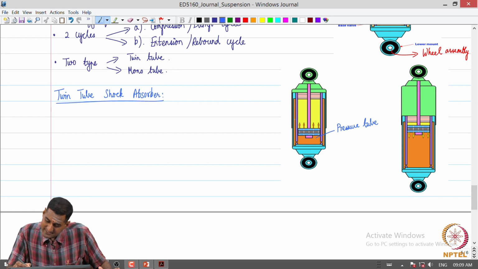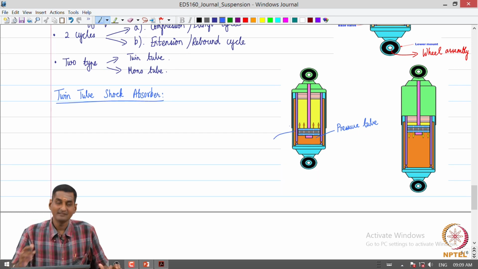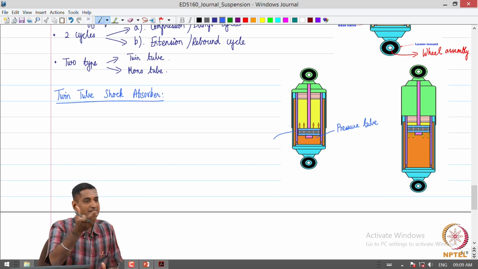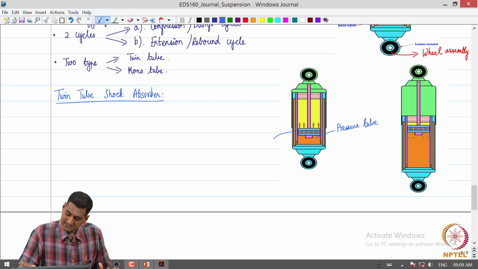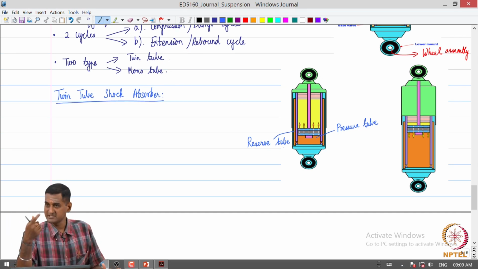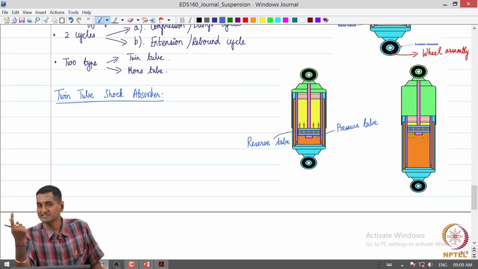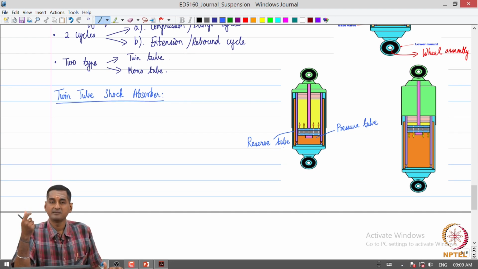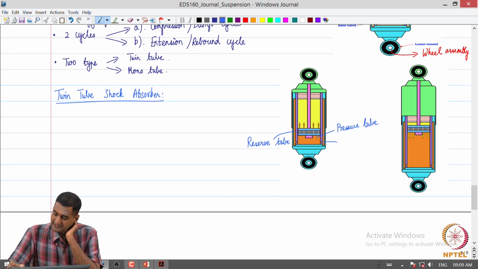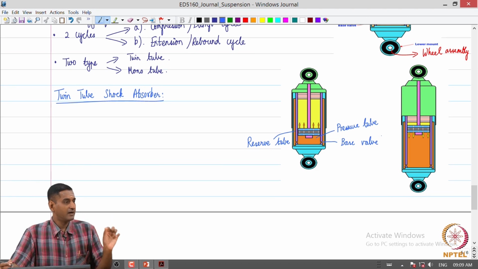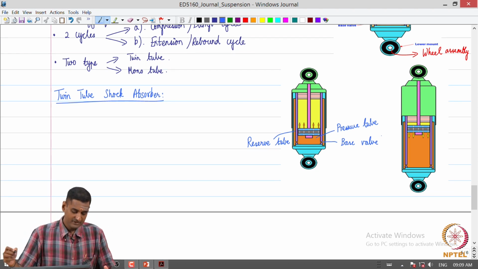Then you can see a small annular region between the central tube and the external surface of the shock absorber, which is called the reserve tube or reserve cylinder. There is an opening called the base valve, which connects the pressure tube to the reserve tube.